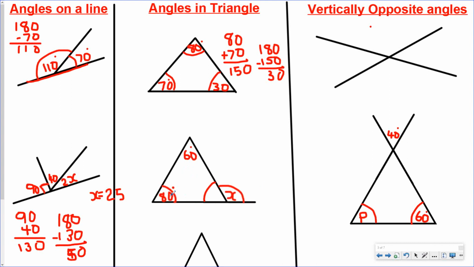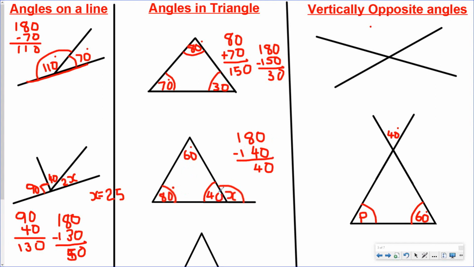If this is 60 plus 80, what's that going to be? 60 plus 80 equals 140. So we've got 180, we're going to take away 140. Then we get 40. So this bit here is 40.